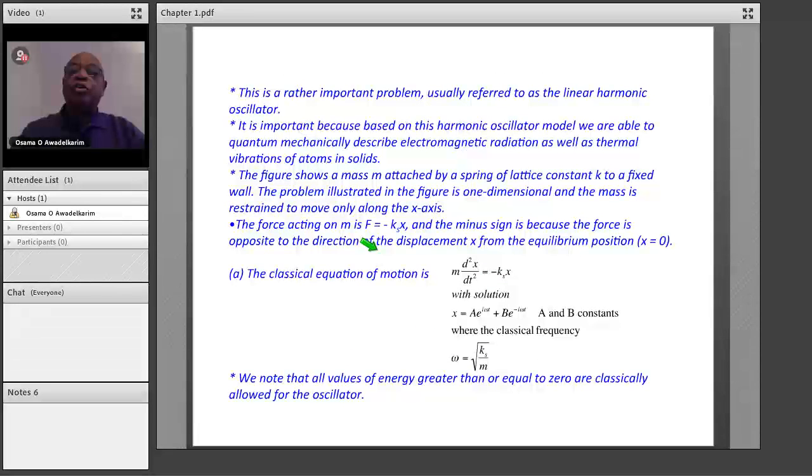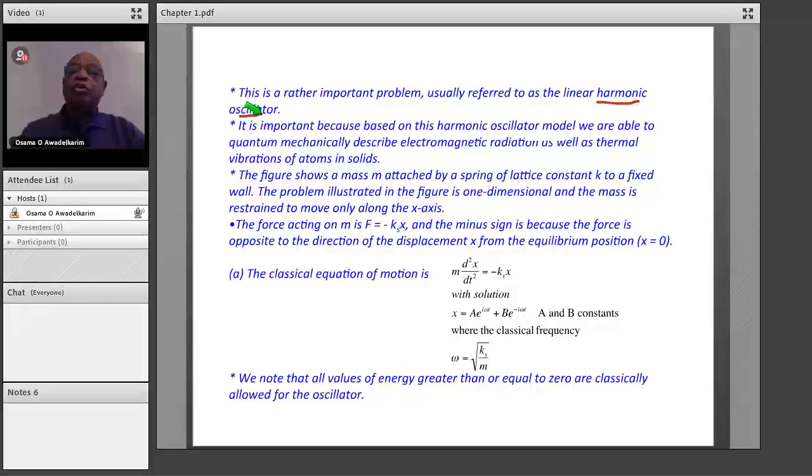So if we want to solve this oscillator or harmonic oscillator problem classically, then we can use Newton's second law.